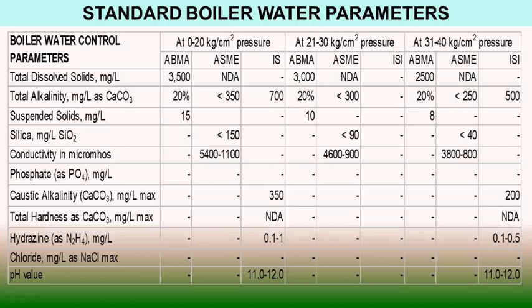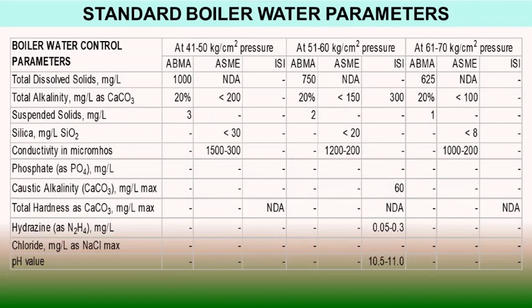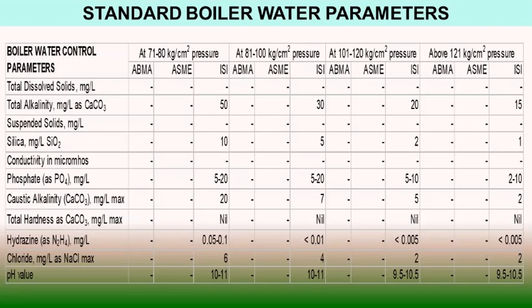In this slide, we find the boiler water parameters and, according to pressure, how the control parameters are reflected and how the control mechanism is adopted in different boilers according to their operating pressure and temperature conditions. So we utilize the recommendation of original equipment manufacturers in terms of internal treatment.